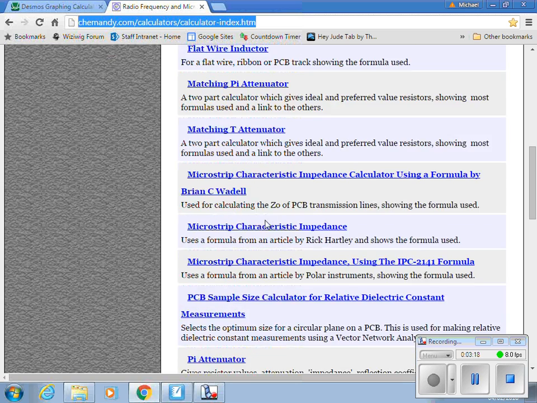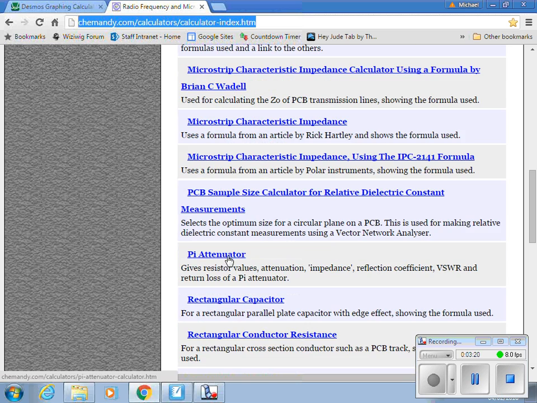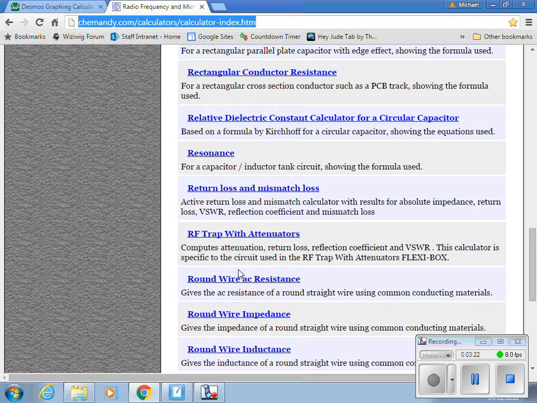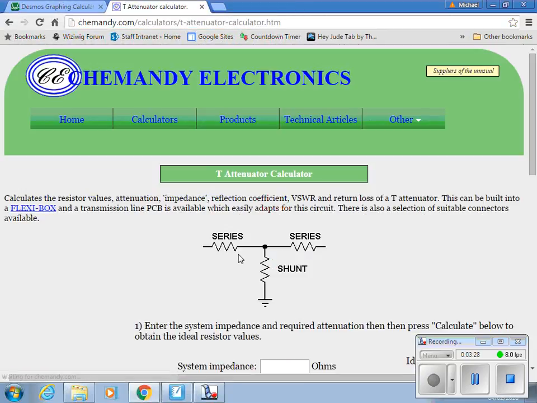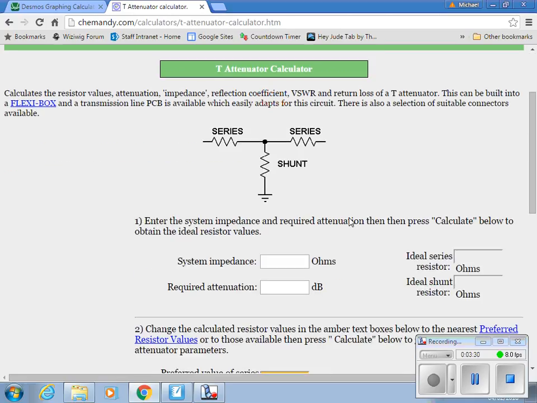What you're looking for is either the pi attenuator, or, as we're now going to use, the T attenuator. The T attenuator calculator now wants to know what the characteristic or system impedance is. Ours is 500 ohms. It wants to know what the required attenuation is, 6.02 dB.